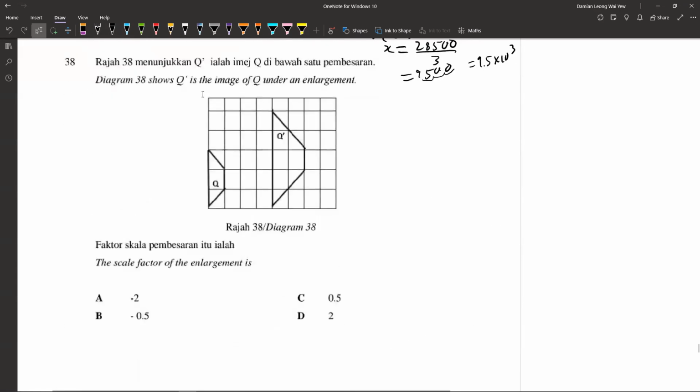Then question 38. Scale factor of the enlargement here. Q prime is the image of Q. So scale factor is very simple, just length of image over length of object, which does not make sense at all here.